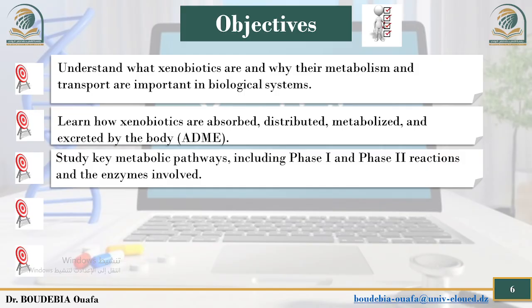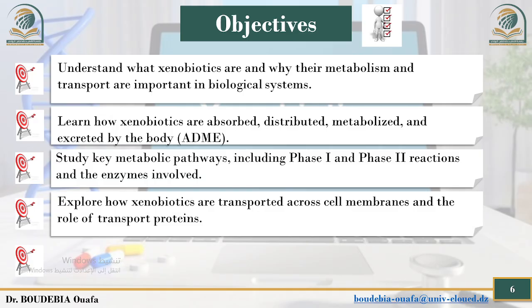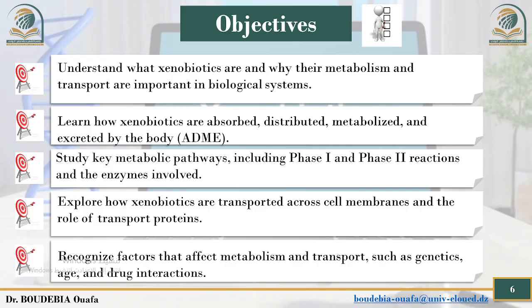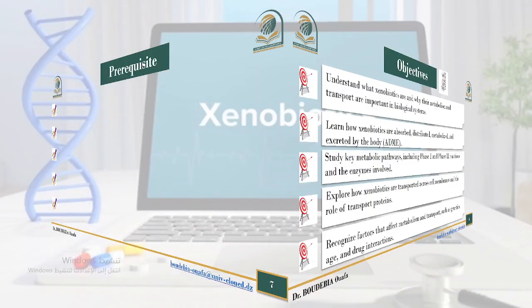Study key metabolic pathways, including phase 1 and phase 2 reactions and the enzymes involved. Explore how xenobiotics are transported across cell membrane and the role of transport proteins. Recognize factors that affect metabolism and transport, such as genetics, age, and drug interactions.